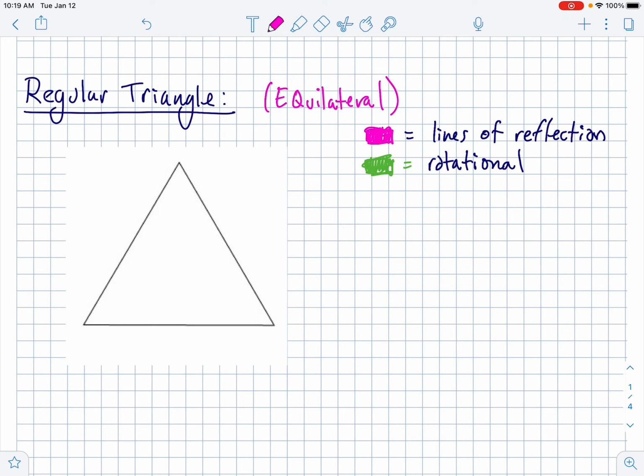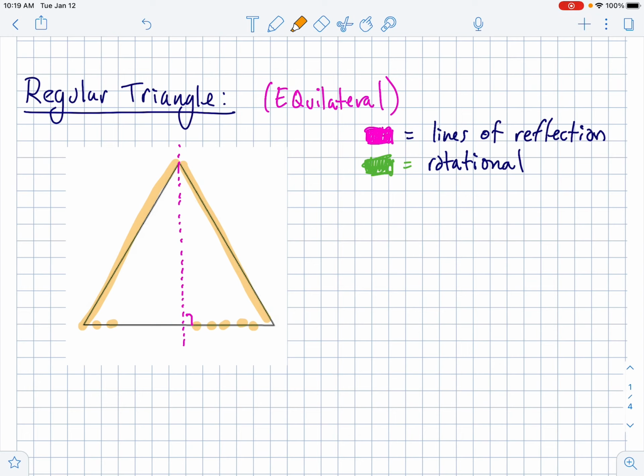So, when I first look at this regular triangle and think about the lines of reflection, the first line of reflection that my brain sees is that you could take this image and cut it right down the middle where this hits at a 90-degree angle and fold it over itself. And this side would match up with this side and this part would match up with this part.